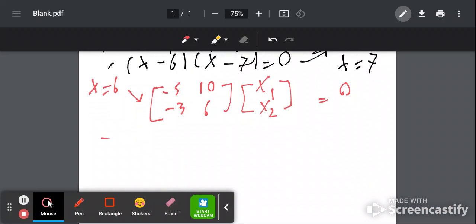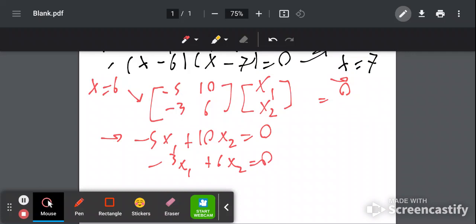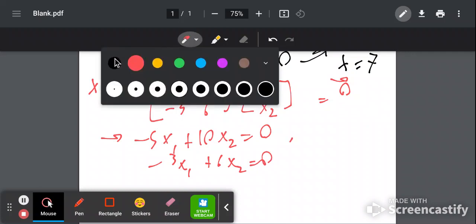Now this creates an equation in which negative 5x1 plus 10x2 equals 0, and negative 3x1 plus 6x2 also equals 0. Now this has infinitely many solutions, so we can create a parameter for it.